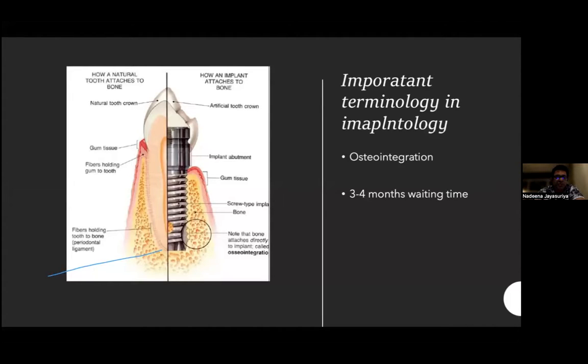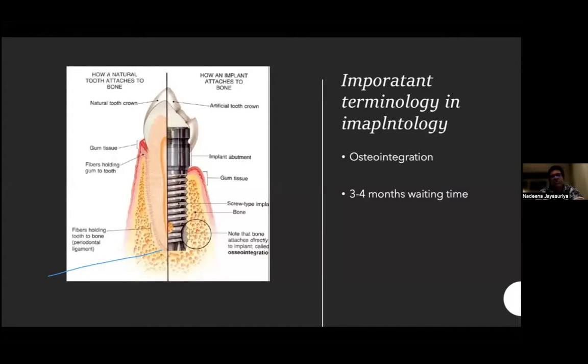Now, I'm just giving you different points so that you understand why certain implants are costlier than other implants, because they use superior grade titanium, and sometimes they use different technologies or methods on the implant so that the implant has a higher success rate.